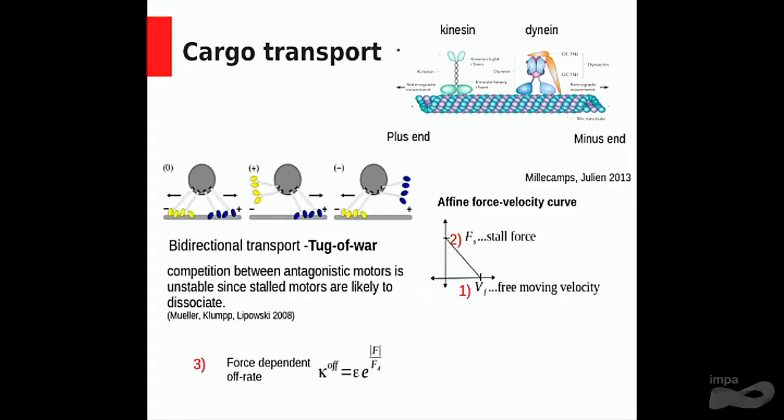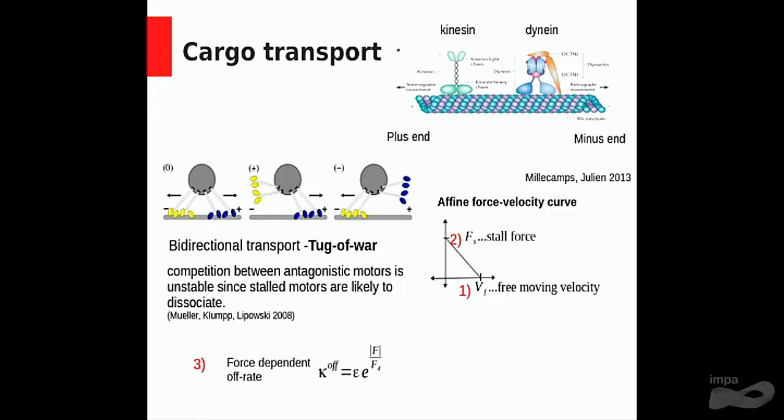A phenomenon which is typical of cargo transport is what is called tug-of-war. So there are situations where there are cargo vesicles that are exposed to different motor proteins which tend to move the vesicle in one direction, other proteins which tend to move it in the other direction.